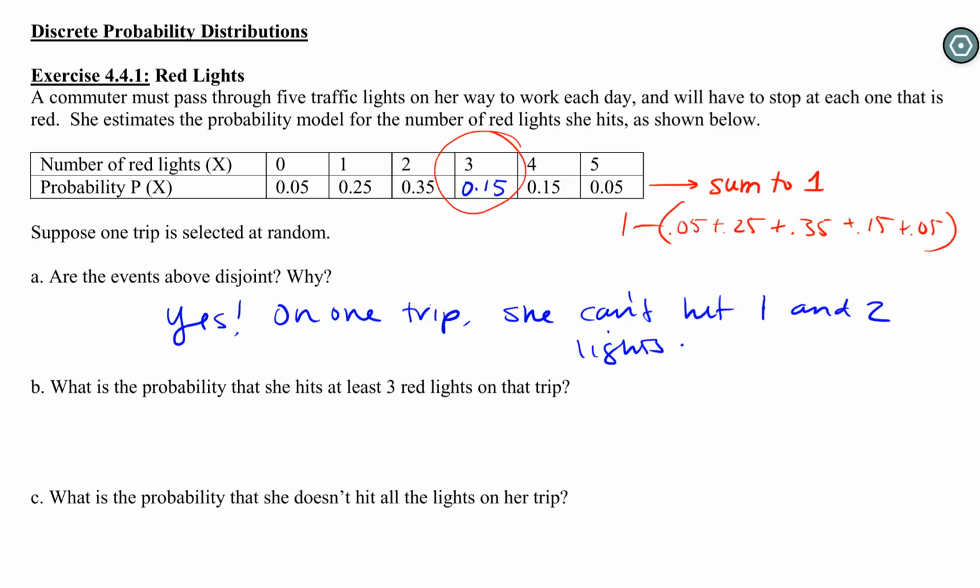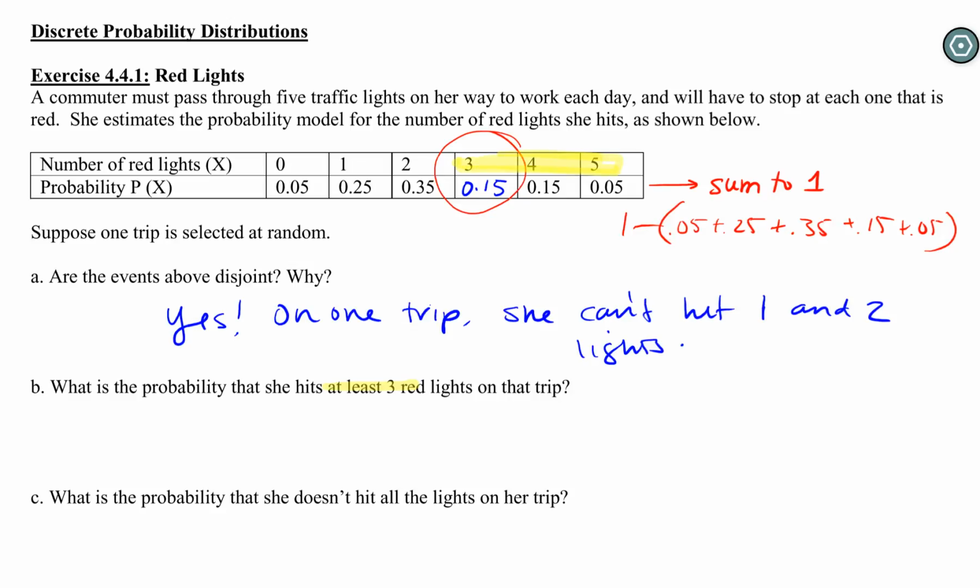Okay, so we have 2 examples here. One that says, what is the probability that she hits at least 3 lights? So like I said, this critical reading is very important when we get into part 5 and we start looking at the binomial distribution. For now, it's sort of this own separate little piece. So hitting at least 3, well, that's hitting 3 or more, right? At least 3 is 3 at the very least.